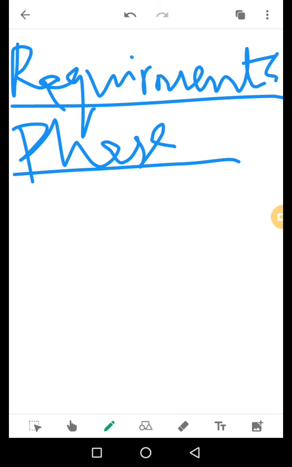So this is the initial step which helps in identifying how the new application fits into the business processes, how it fits into the larger picture, as well as its capacity and limitation.